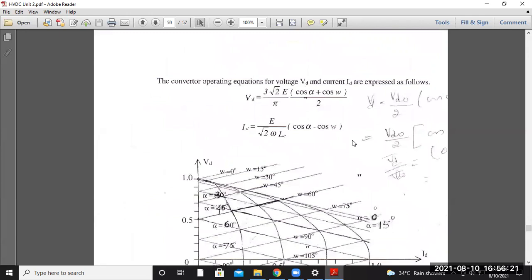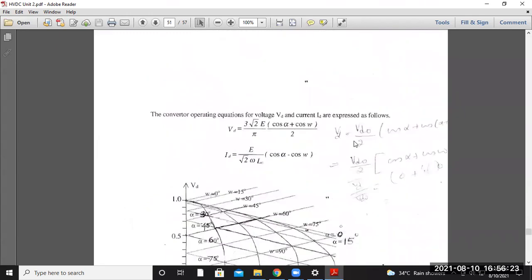So in a similar manner, when you write the equation, you will get the converter operating equation, where voltage VD and ID are expressed in this formula, that is VD equal to 3 root 2 E upon pi times cos alpha plus cos omega divided by 2. Now you can see that VD can also be represented by this equation, that is VD naught upon 2 cos alpha plus mu.